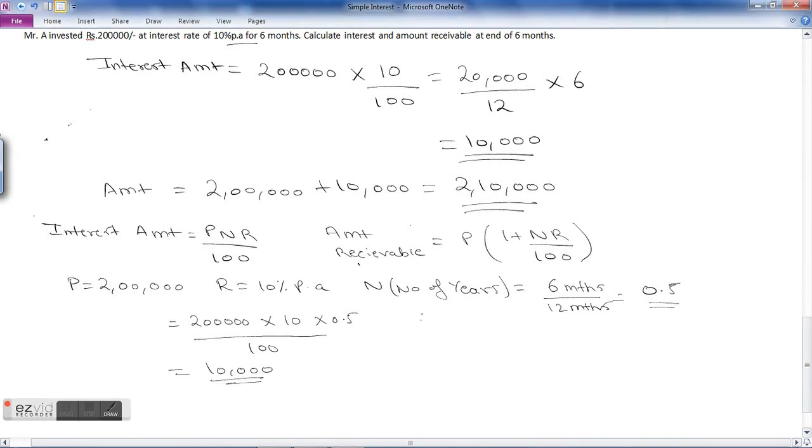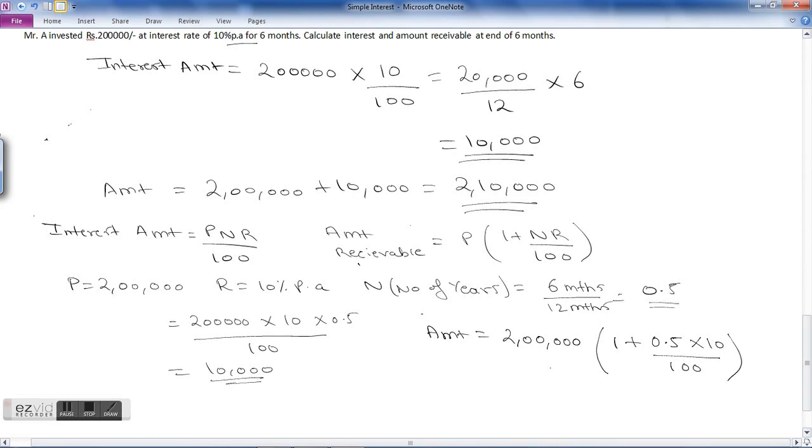Amount receivable is equal to P into 1 plus N into rate of interest divided by 100.